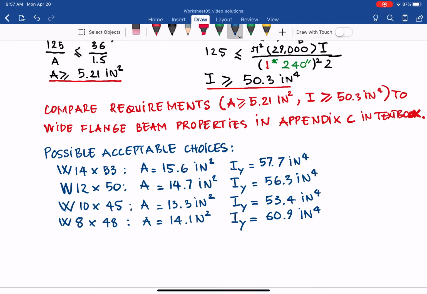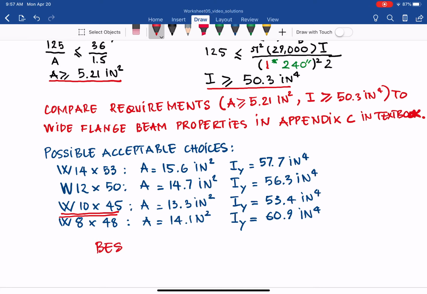So from here, as you can see, for W14 by 53 and the others, the last number, 53, stands for the weight per linear foot. So we choose the cross section with the least weight, so you will pay less. From that, you will choose the best candidate, right?